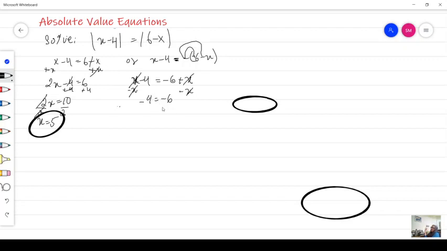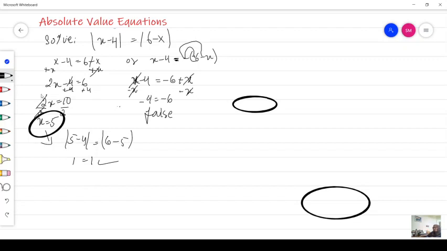In this case, that's a false statement, and I don't have another x value anyway. If I plug in x equals 5 to check, 5 minus 4 gives me 1, and 6 minus 5 also gives me 1. So yeah, x equals 5 works.